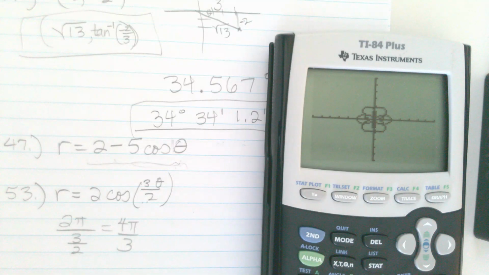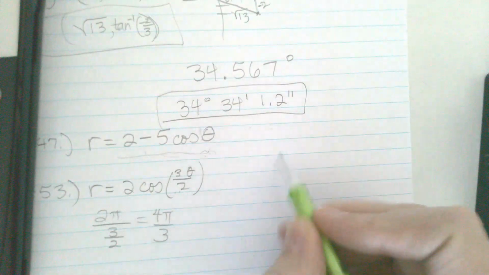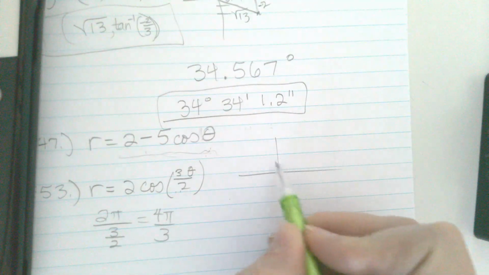So how do you solve for that 4 pi? Is it just a guessing game? I think it's kind of a guessing game, because if I'm graphing these, I'm trying to figure out where the outermost point comes on a cosine curve.